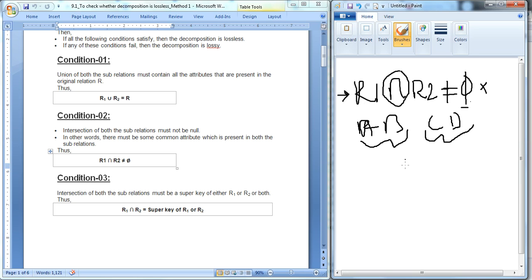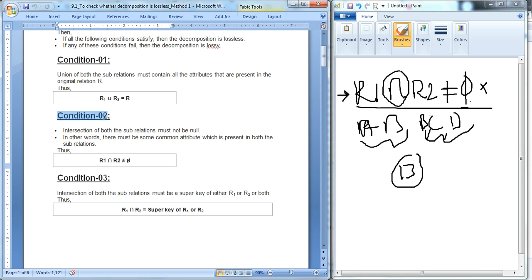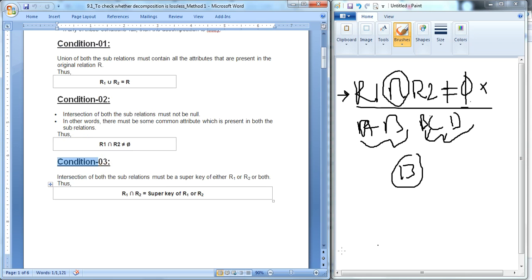If we get some common value, for example R2 contains B, C, D, then B is a common value, and this condition is true. That is condition 2, which verifies whether the given decomposition is lossy or lossless. Then if this condition is true, we check the third condition, again on R1 intersection R2.